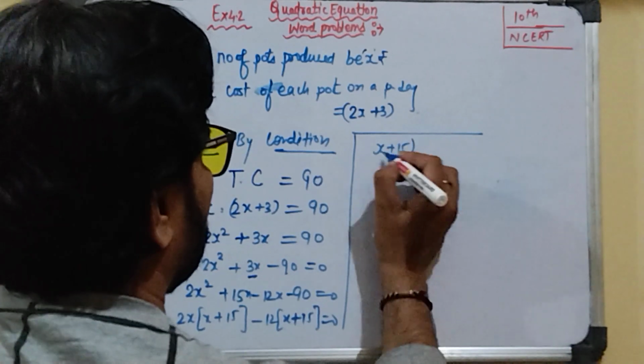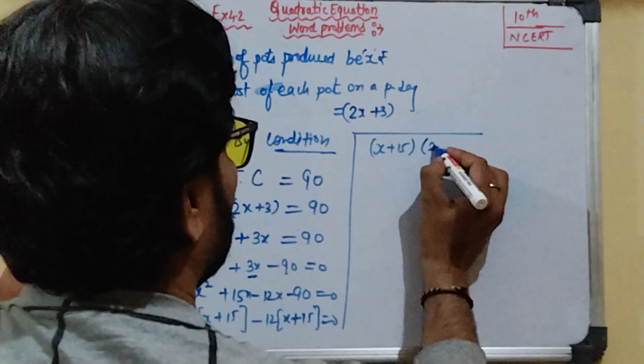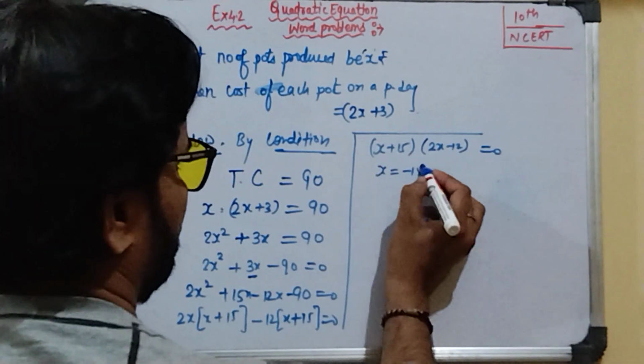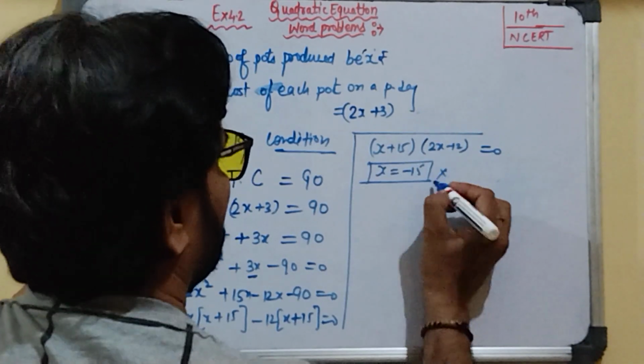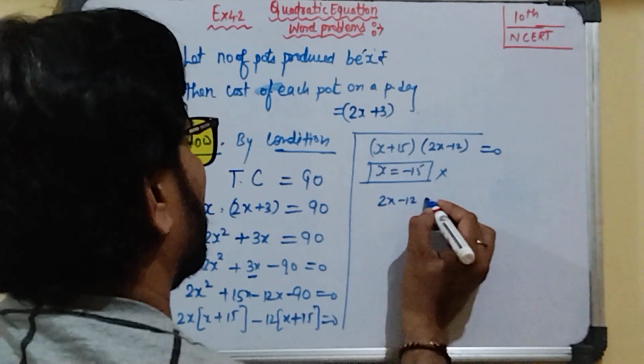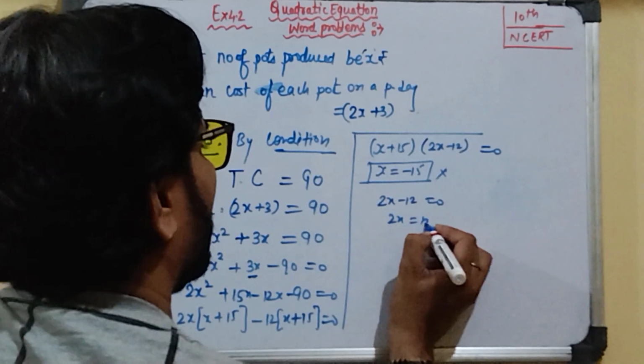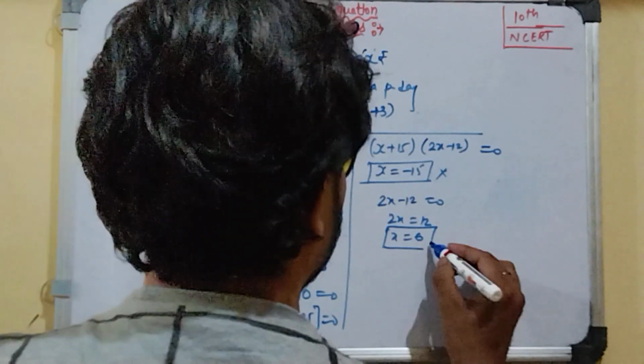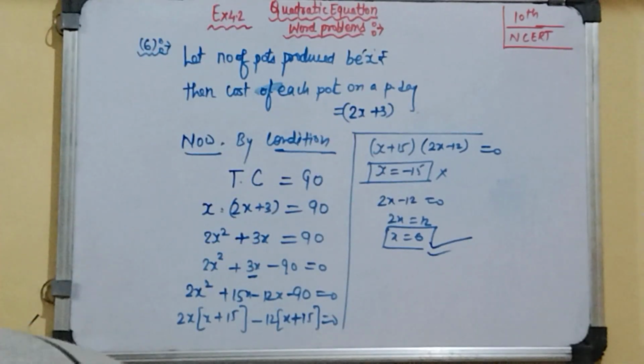Now x plus 15 into 2x minus 12 is equal to 0. x is equal to minus 15, not possible. 2x minus 12 is equal to 0, 2x is equal to 12, then x will be 6. The number of pots produced is 6.